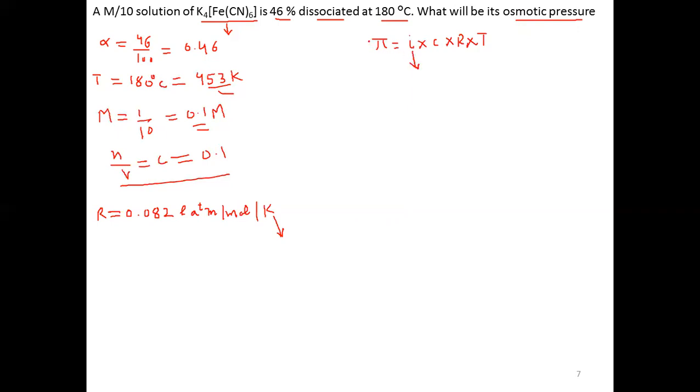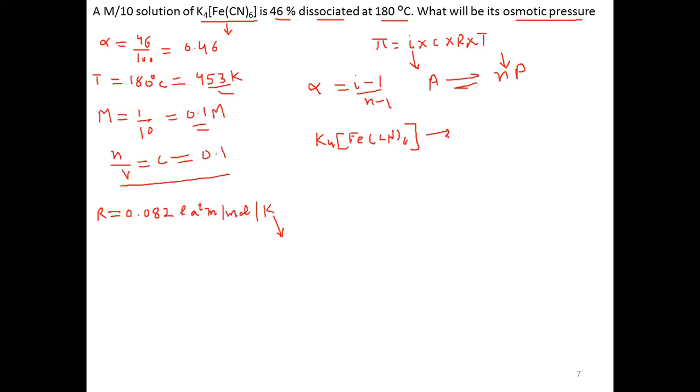If we have to calculate osmotic pressure, we should know iota, and you all know that iota will come from this relation: alpha is equal to (iota minus 1) divided by (n minus 1) for any electrolyte which dissociates to n number of particles. Now we have to calculate n. Our compound is K4[Fe(CN)6].